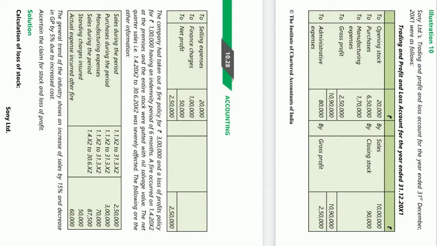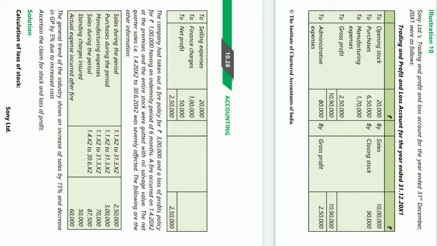The general trend of the industry shows an increase of sales by 15% and a decrease in GP by 5% due to increased cost. So there are two trends: the first is an increase of sales by 15%, and the second is a decrease in gross profit.